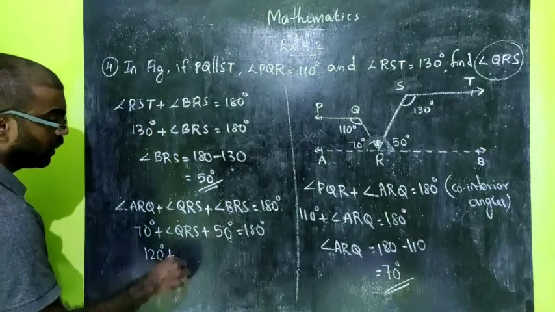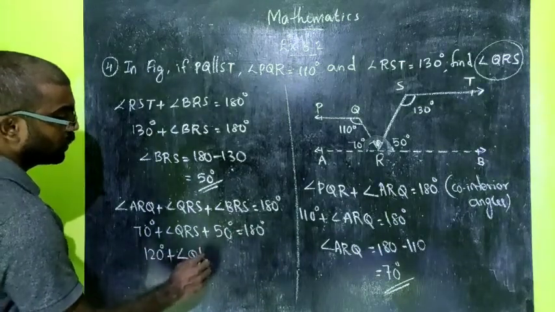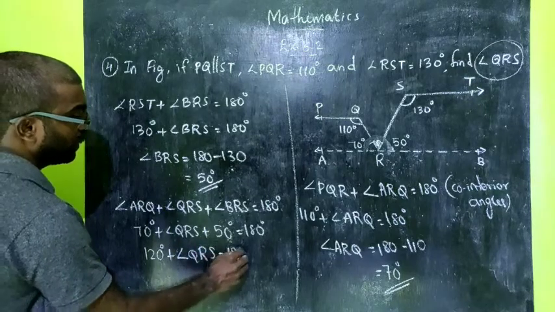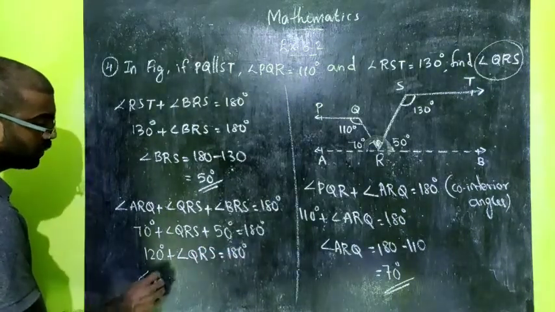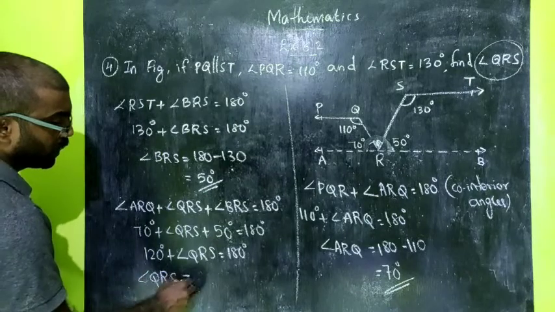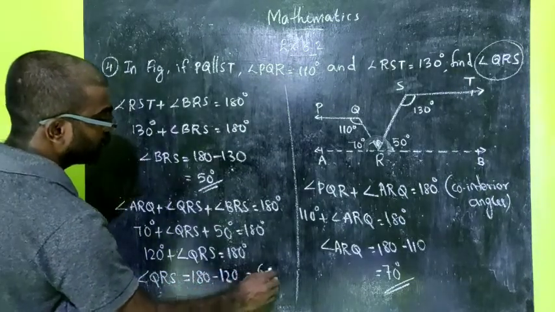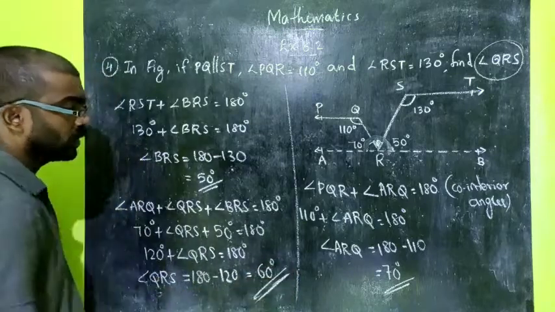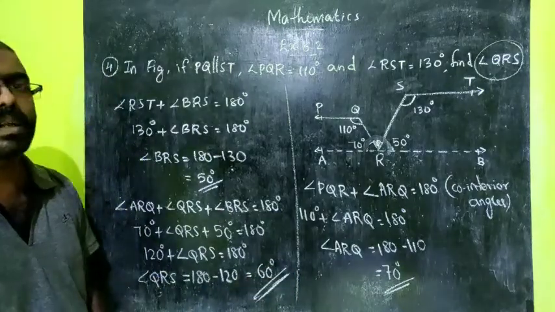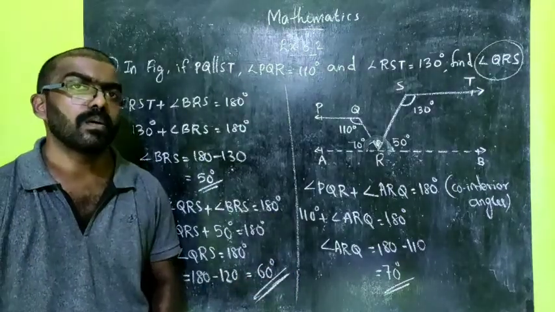So 120 degrees plus angle QRS equals 180 degrees, and angle QRS is equal to 180 minus 120, which is equal to 60 degrees. So our final answer is angle QRS is equal to 60 degrees. Okay.